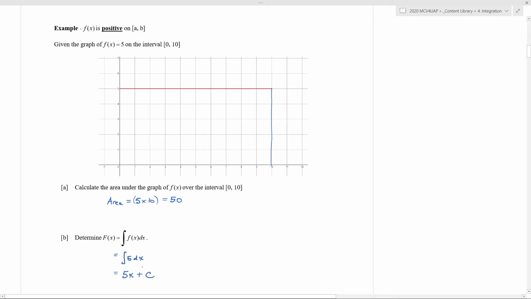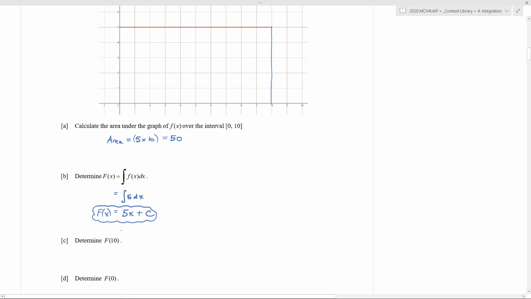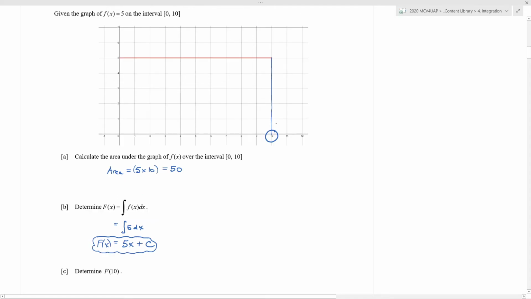So part C, determine that antiderivative at 10, when x is 10. Why am I choosing 10? That's not a random choice. 10 is our endpoint here. And you can see in part D it says find capital F at 0. That's our starting point.